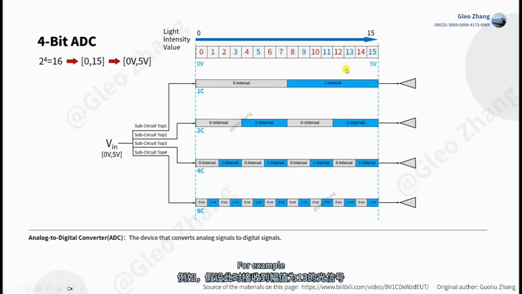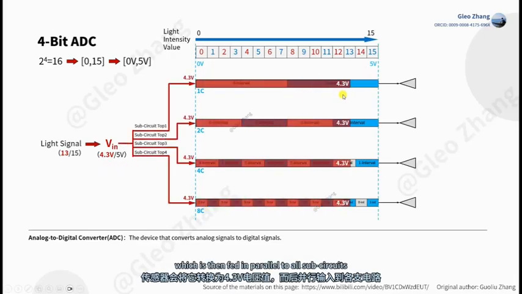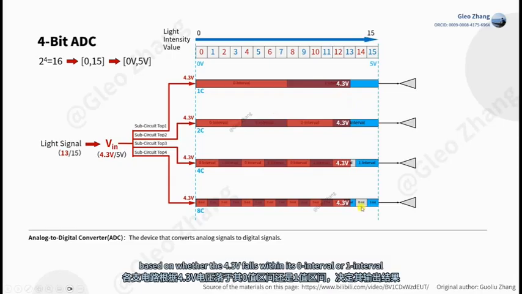For example, suppose we receive a light signal with amplitude 13. The sensor first converts it to a 4.3 volts voltage value, which is then fed in parallel to all subcircuits. Each subcircuit then determines its output based on whether the 4.3 volts falls within its 0 interval or 1 interval.